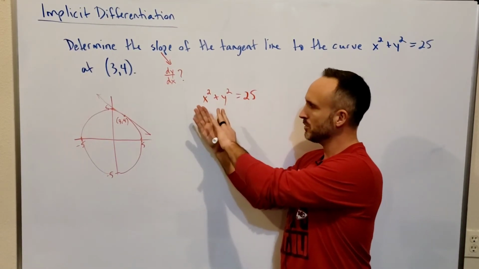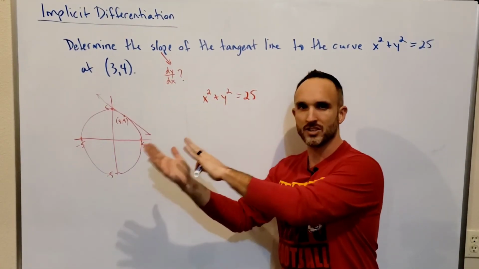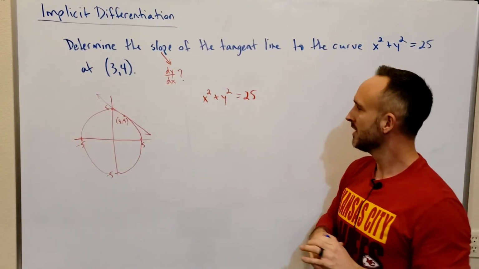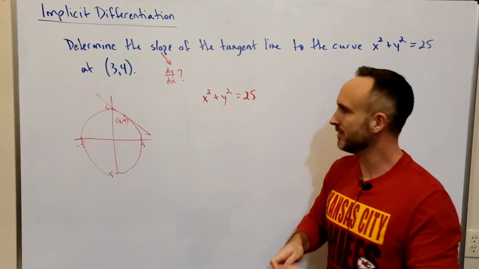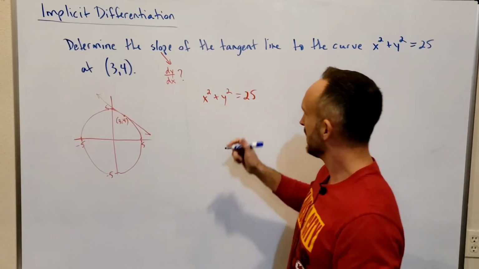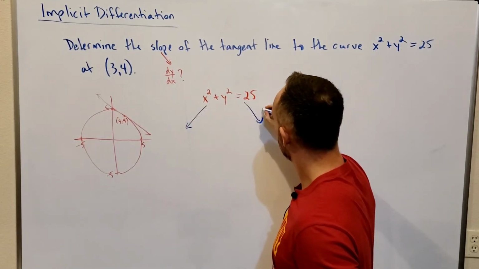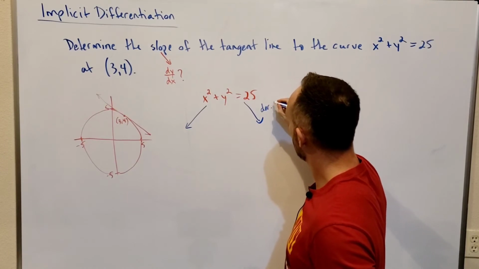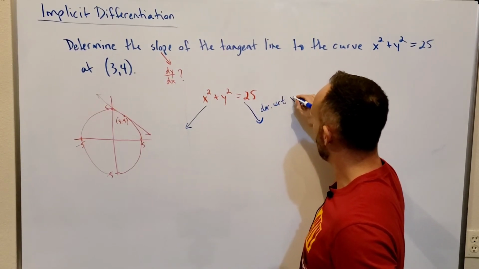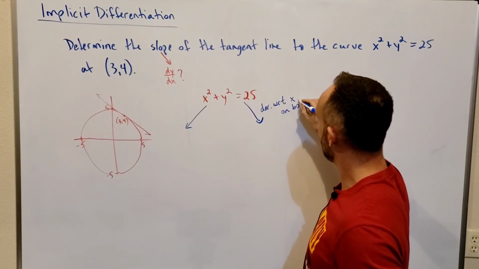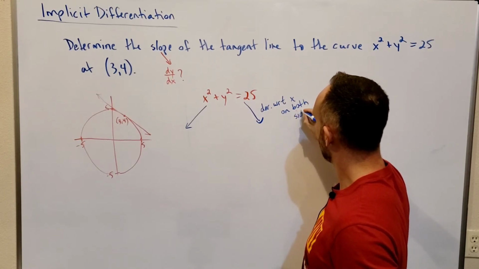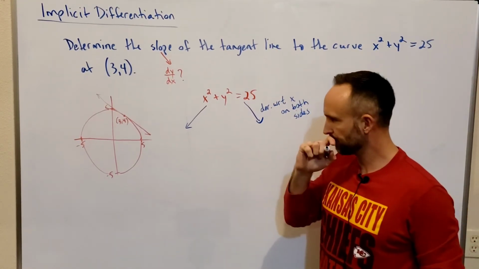Anything I want to do to the equation, I'd have to do to the left side and the right side, right? And that's also true with derivatives. So what we're going to do here is we're going to take the derivative with respect to x on both sides. All right, so this is going to be tricky, okay?